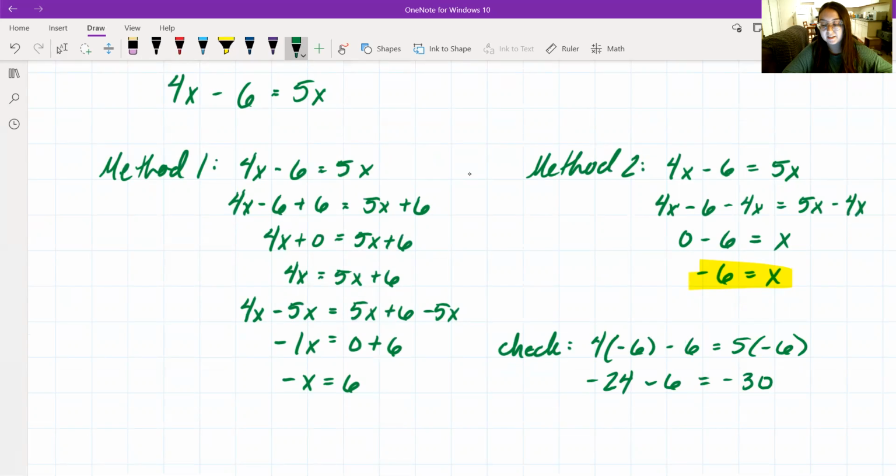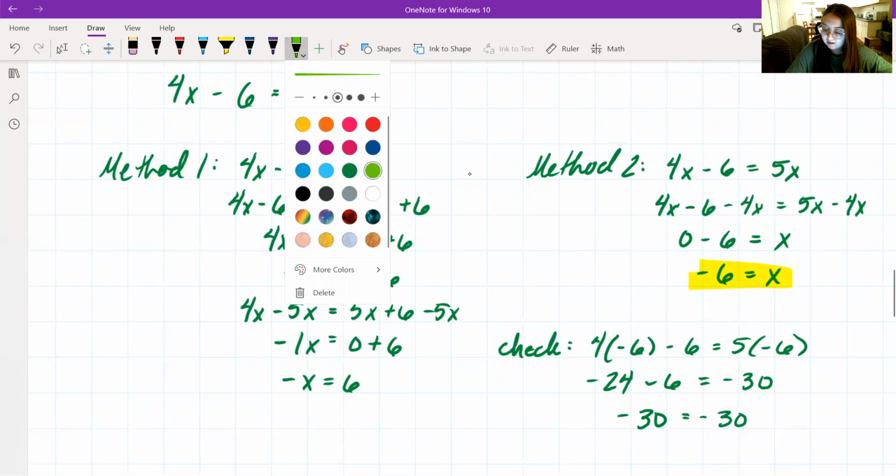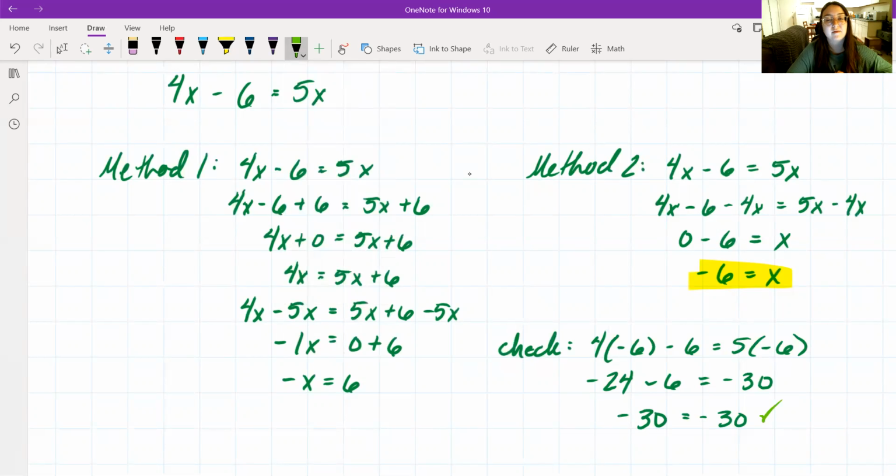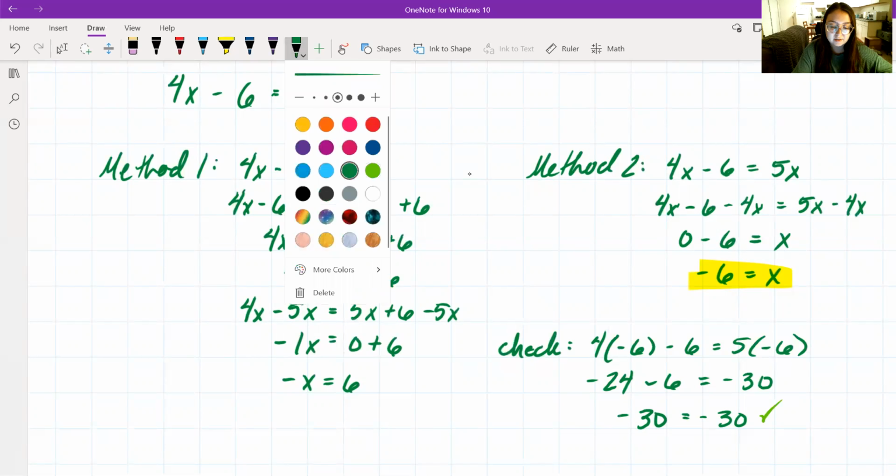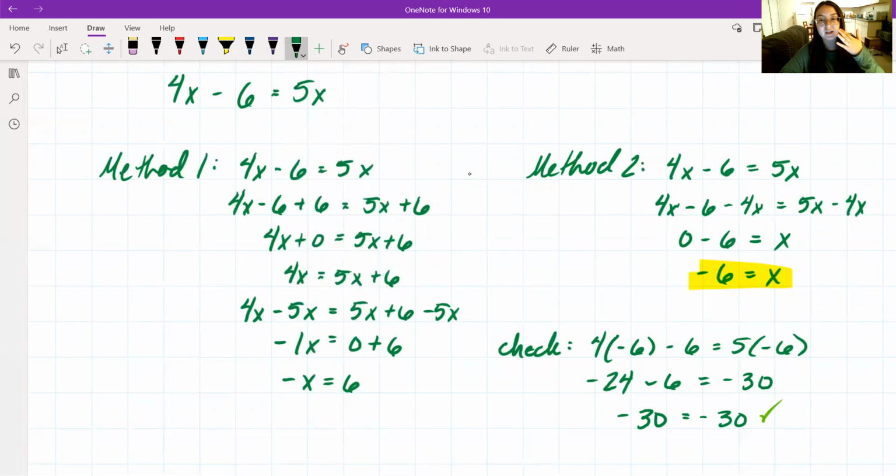Negative 24 minus 6 is like saying negative 24 plus negative 6, which is going to give us negative 30 is equal to negative 30. And we have here that is correct. So our solution x is equal to negative 6 is correct, since we checked our answer and we got that negative 30 was equal to negative 30. So we know that our answer is x is equal to negative 6.